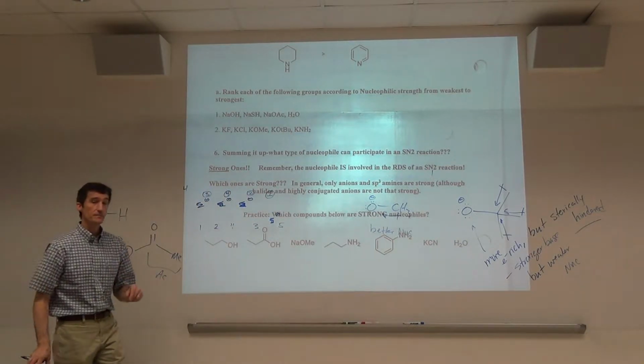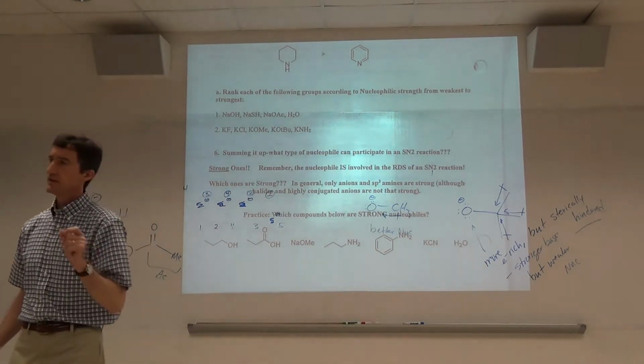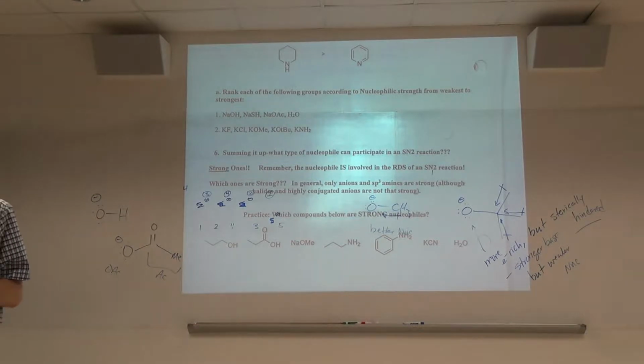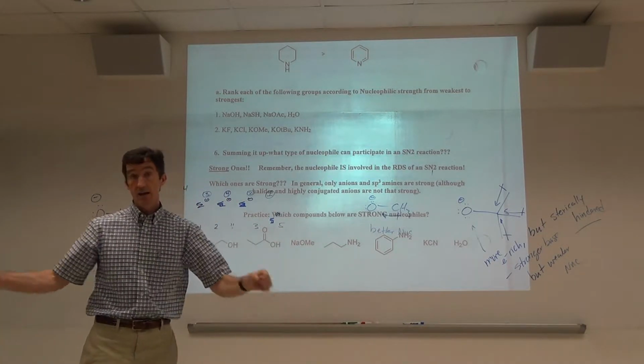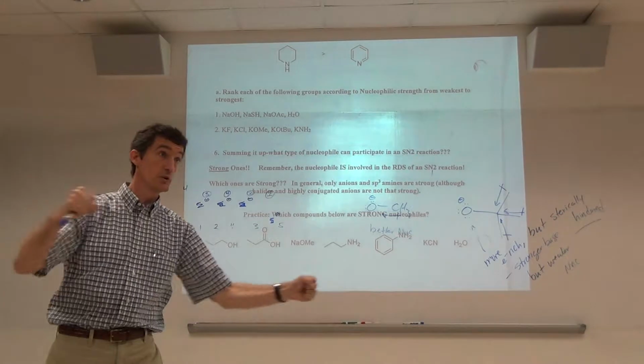Because of this reason. Which mechanism, SN1 or SN2, is the nucleophile involved in the rate determining step? SN2. Is it involved in the SN1 rate determining step? No. The SN1 rate determining step is just ionization of the leaving group. Nucleophile has nothing to do with it. Because the nucleophile is involved in the rate determining step, it has to be strong and be able to do it.